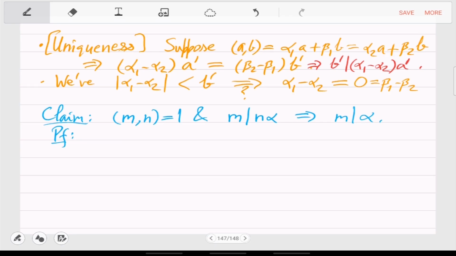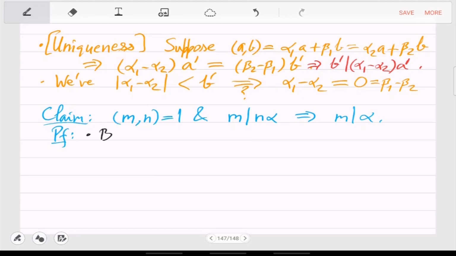M does not divide alpha. Yeah, how will that help? No, you have to do something with the product. So these are just individual pieces of information that M is co-prime to N and M divides or does not divide alpha. What does it say about the product? Product is a third object, right?